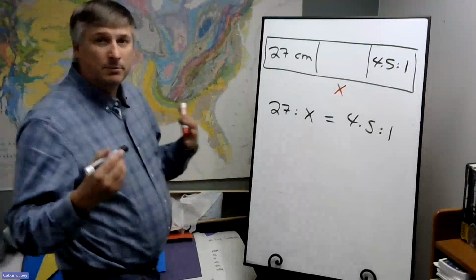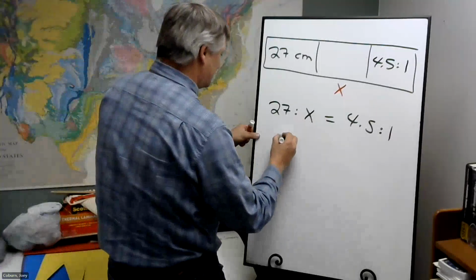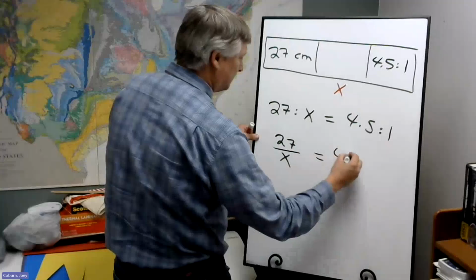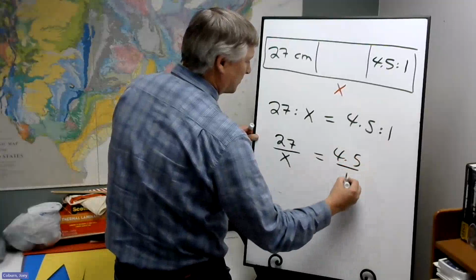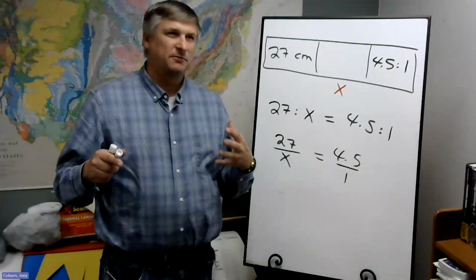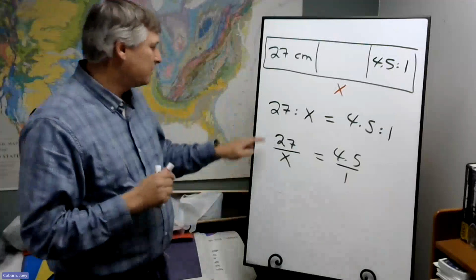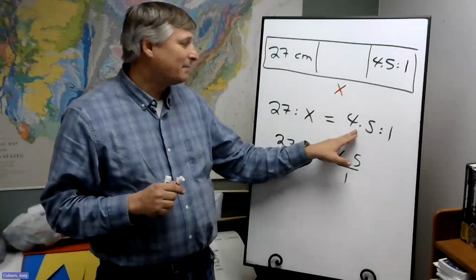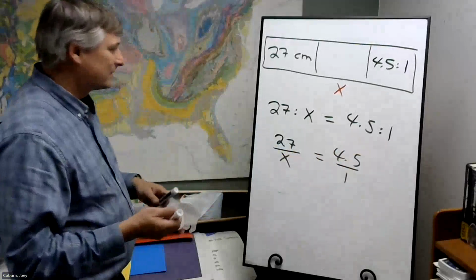So we use our proportions. 27 over x equals 4.5 over 1. When we construct sort of the fraction-looking form of a ratio, this is the top and that's the bottom. That's the top and that's the bottom.